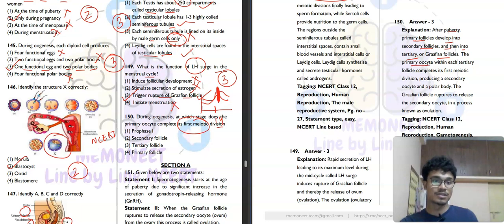The primary oocyte within each tertiary follicle completes its first meiotic division, producing a secondary oocyte and a polar body, and the Graafian follicle ruptures to release its secondary oocyte in a process known as ovulation. So the correct answer will be the tertiary follicle here. In the tertiary follicle, it completes its first meiotic division. Third option will be our correct answer.